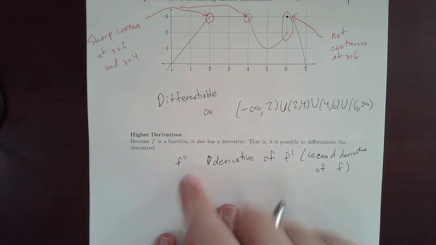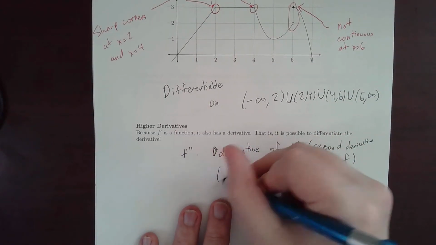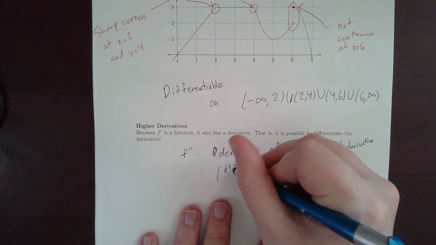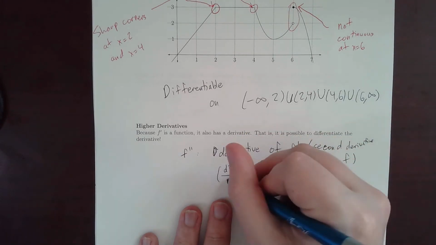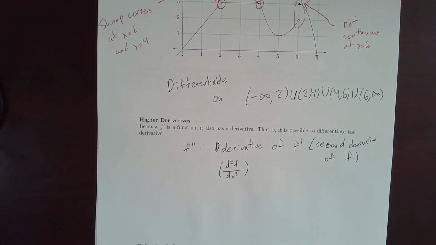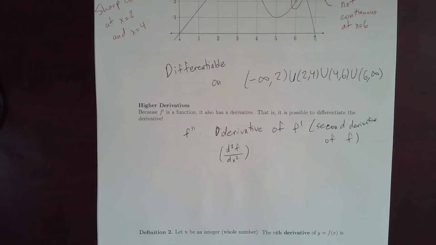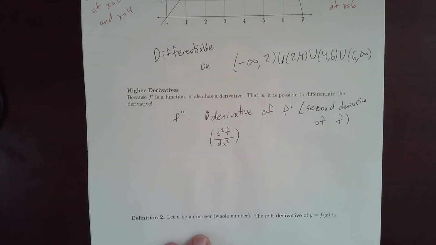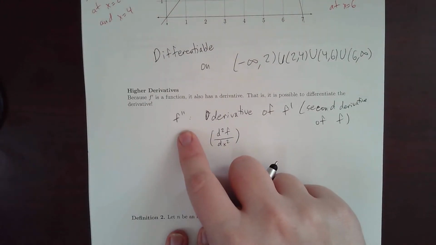Now note, instead of doing f double prime, you could also do the second derivative of the function with respect to x. The differential notation is a little bit clunkier, but we don't have to stop at the second derivative.